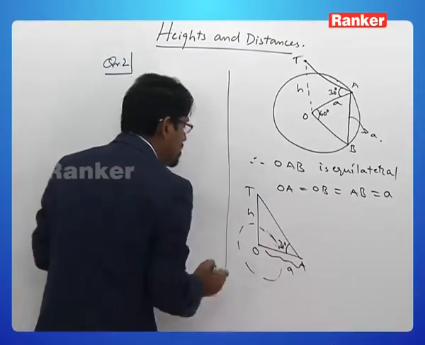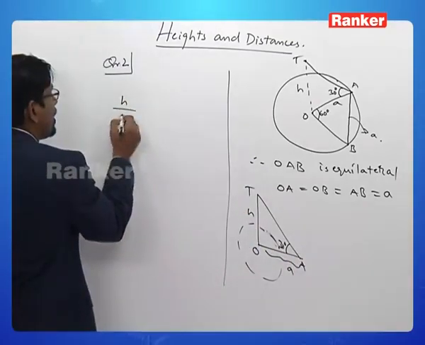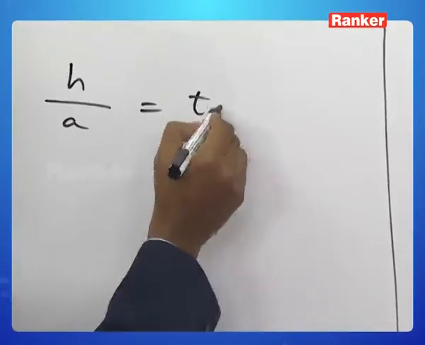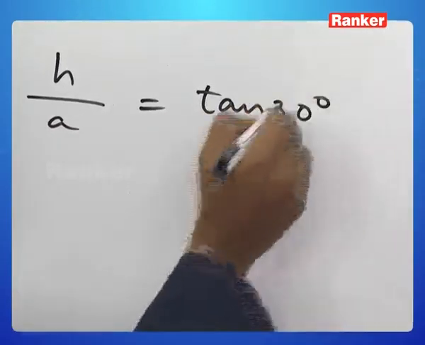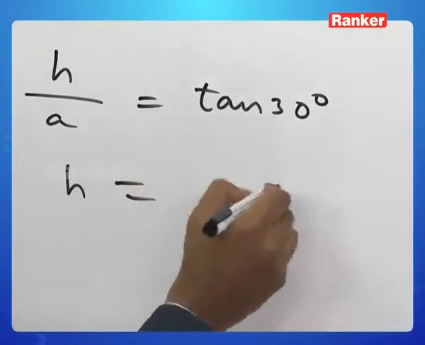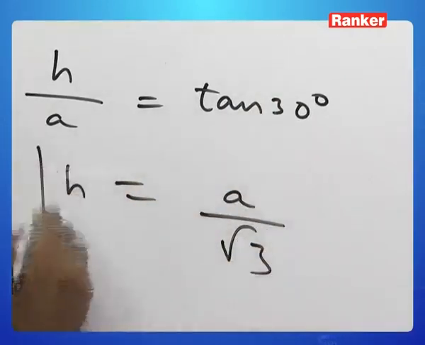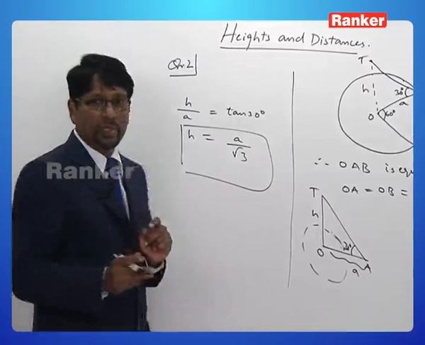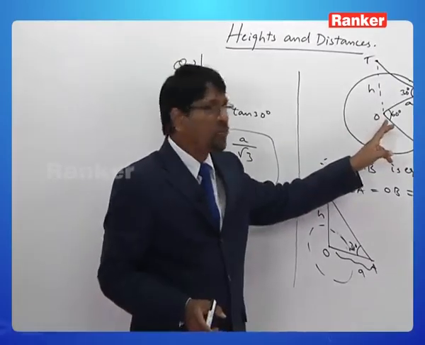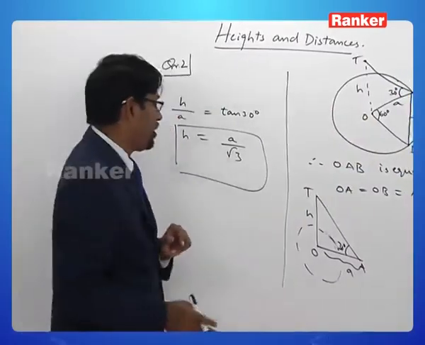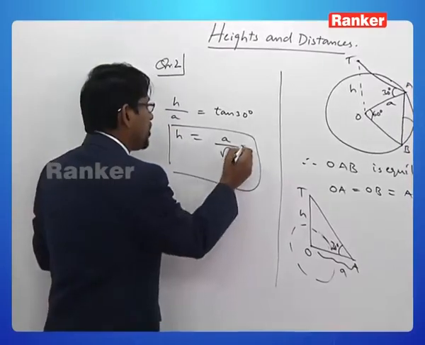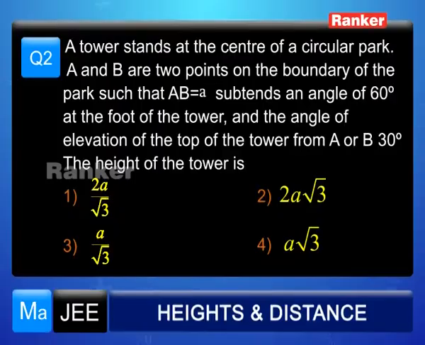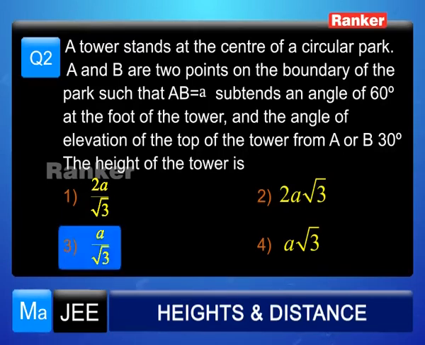We want to find out H. H by a is clearly tan 30. So H has to be a tan 30, that is a by root 3. So the height of the tower, which is situated at the center of the park, will have to be a by root 3 meters, and the right option is option 3. Option 3 is the right answer.